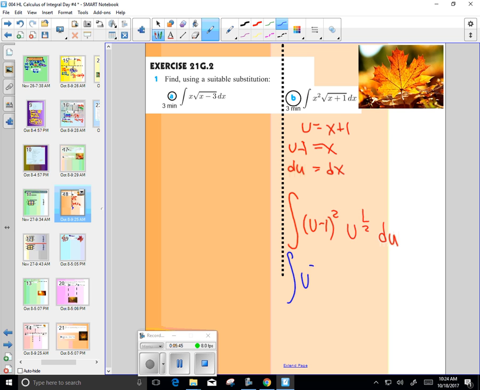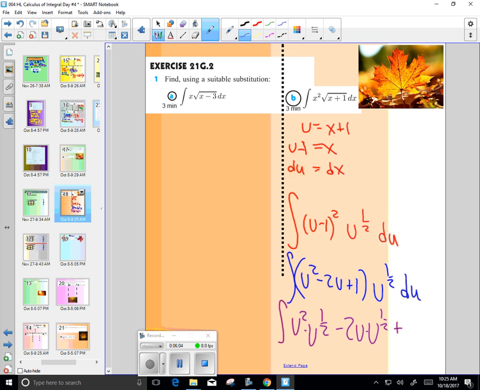This is u squared minus 2u plus 1 times u to the 1/2. It's just a little extra work. So then it's just going to be u squared times u to the 1/2 minus 2u times u to the 1/2 plus 1 times u to the 1/2 du.